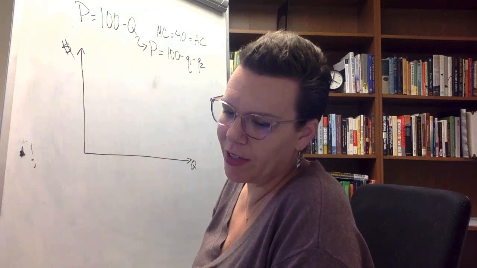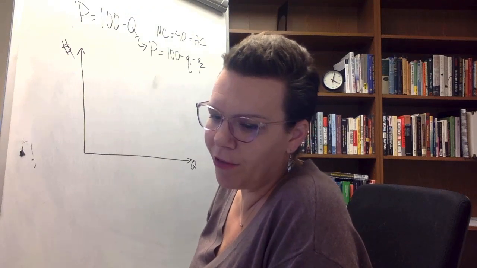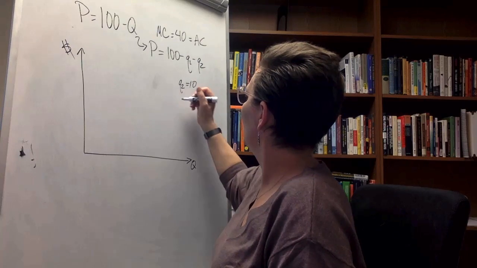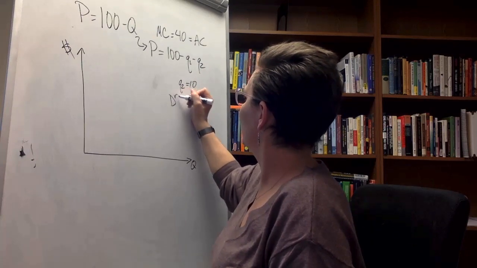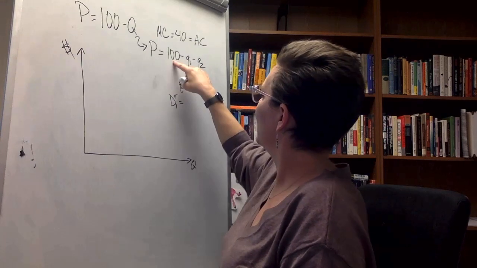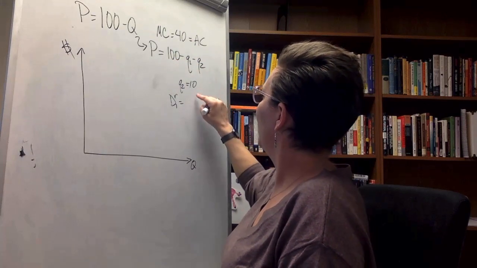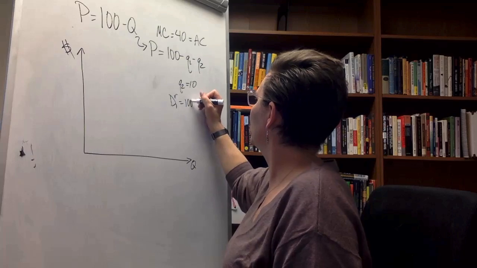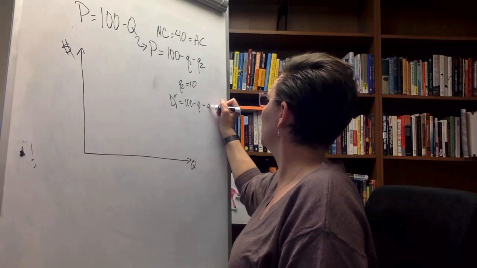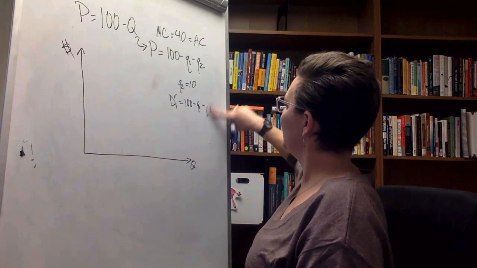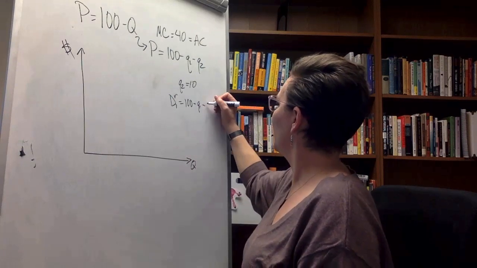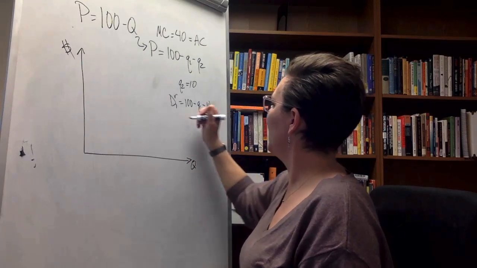If firm 2 produces 10 units, what's the residual demand curve for firm 1? Well, it's going to be 100 minus Q, or 100 minus Q1 minus Q2, where Q2 is 10, which is 100 minus Q1 minus 10.